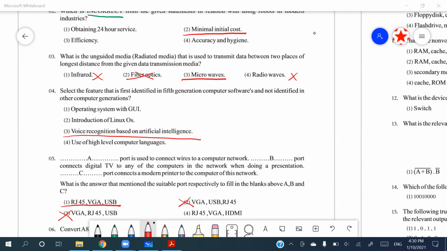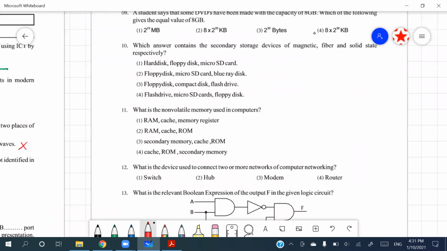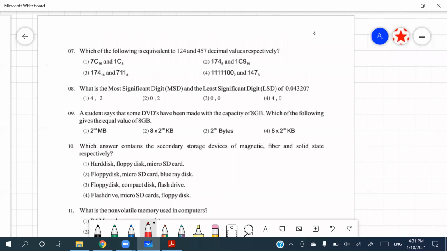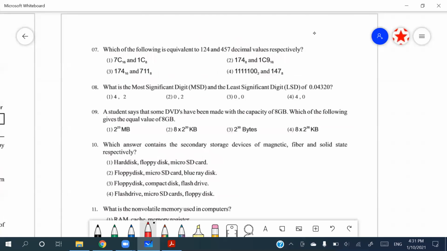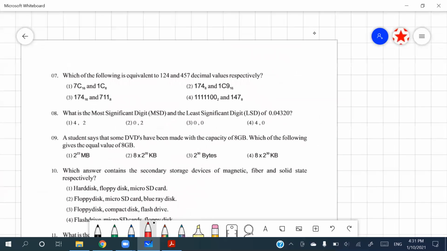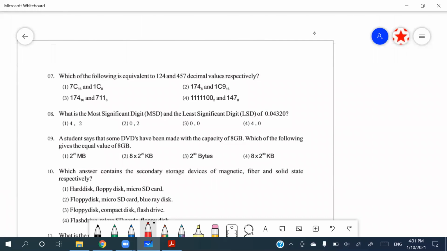Okay, so moving to the 7th question. It says, which of the following is equivalent to 124 and 457 decimal values respectively? So answers are given in hexadecimals and octals, and somewhere it is having binary. So we have no chance. We have to convert everything and see, right?